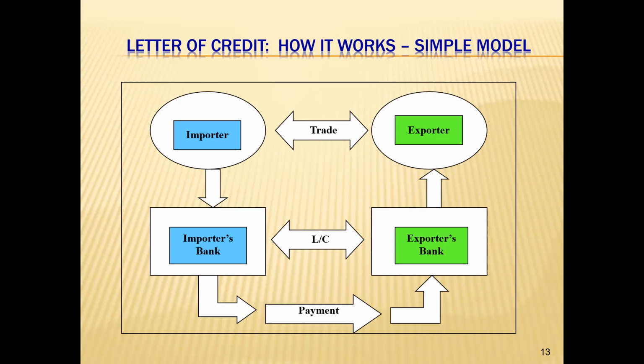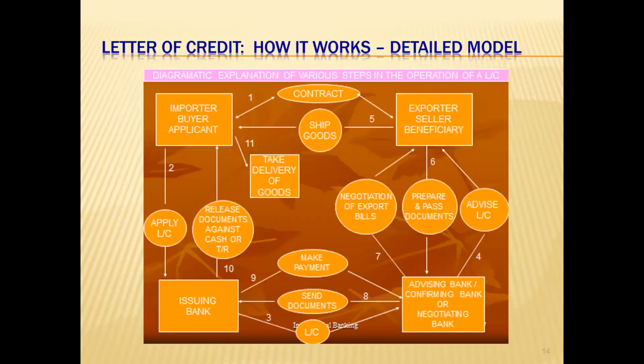Okay, on the top of page 98, it's a little bit more complex. So you'll see it says importer, buyer, applicant. There's at the very top, that little opal looking thing they're saying contract with a number 1 arrow. Okay, the importer or the buyer or the applicant.